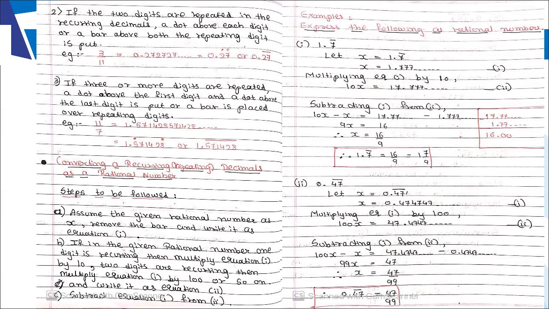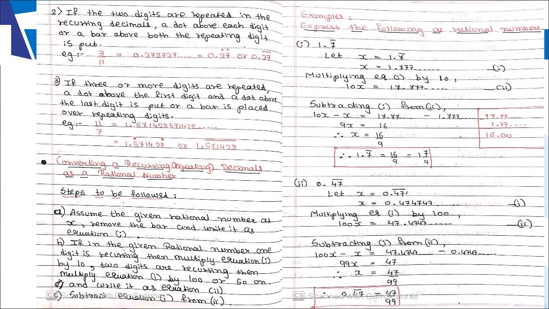And in maths it is a rule that you have to multiply both sides. So equation 1, left hand side is x, x multiplied by 10 is 10x, and 1.7777 multiplied by 10 is 17.777. How, student? In multiplication, a decimal point shifts to the right, and since you are multiplying by 10 and 10 has one 0, the decimal will shift one time to the right.